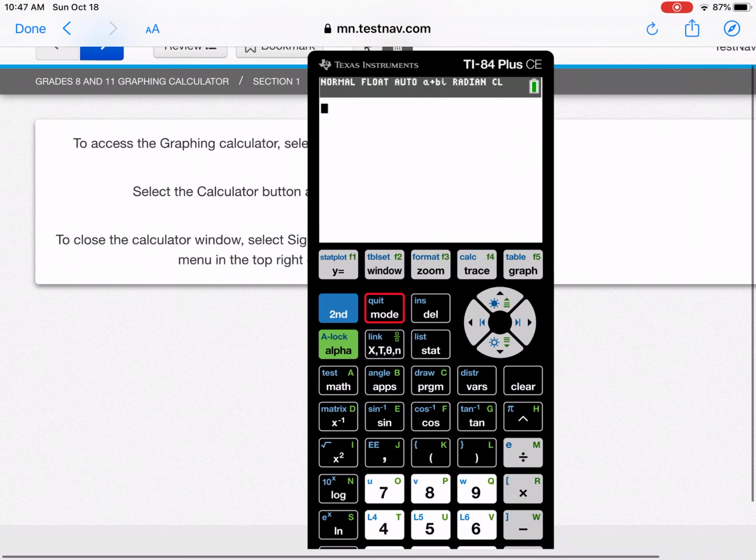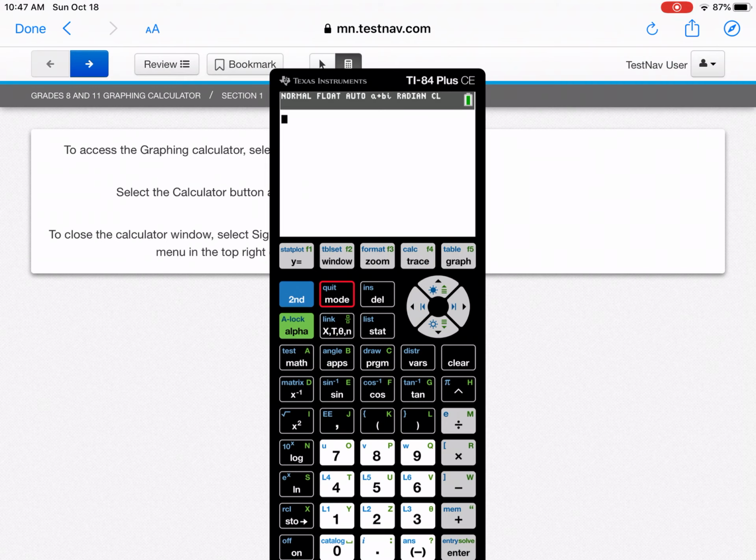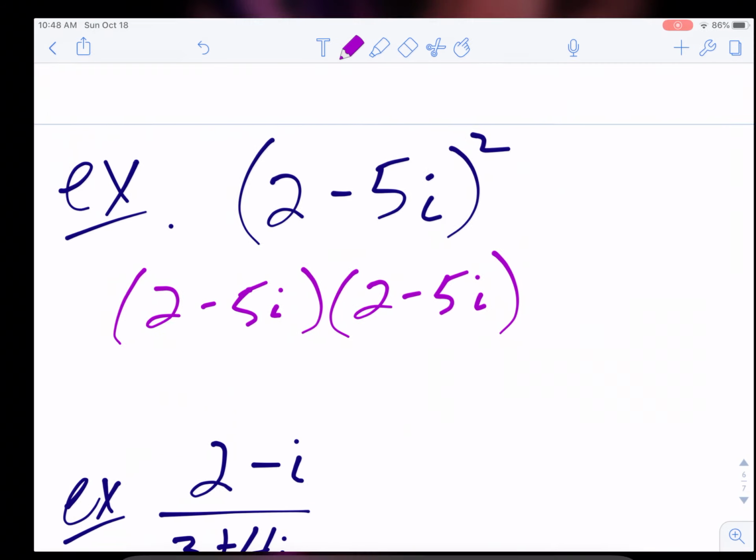So what we're going to do is type a parenthesis, 2 minus 5. Now the i is located down on the decimal point. So I'm going to push second i, close the parenthesis, and then square it. And the calculator will spit out your answer for you. Okay? That's it. Negative 21 minus 20i is the answer.